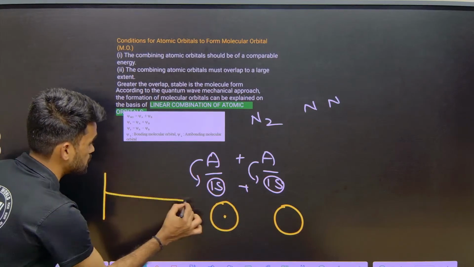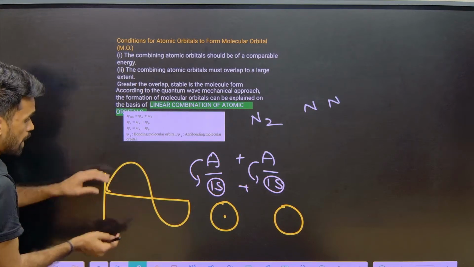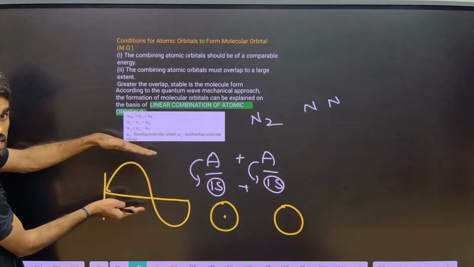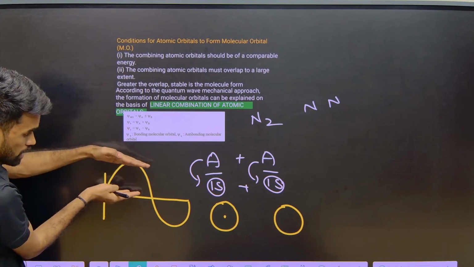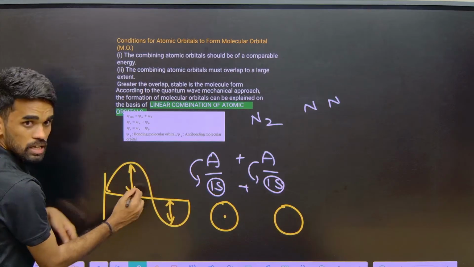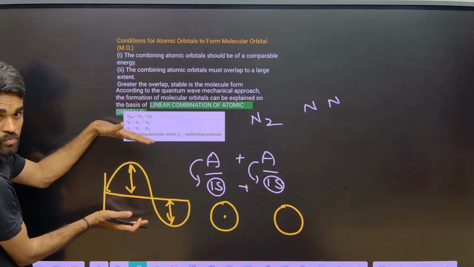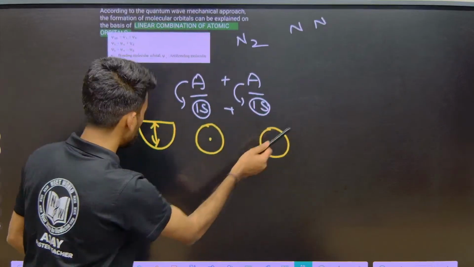So I can represent that with a wave like this. The greater the amplitude, the greater the electron density. This wave amplitude, this depth or this height, if it is maximum, the probability of finding the electron is maximum. Okay, now take 2 orbitals.